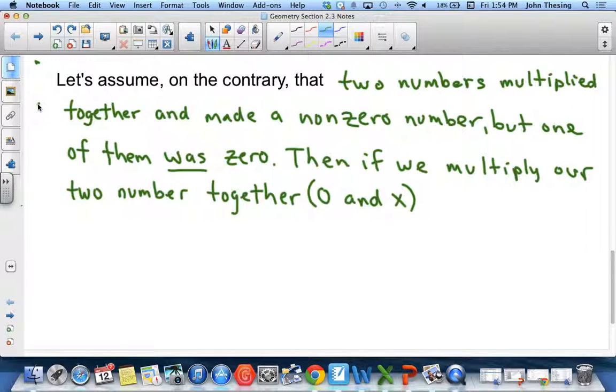We don't know if x is 0, positive, negative, big, small, whatever. It's just some number. Then if we multiply our two numbers together, we get 0 times x, which is 0, right?